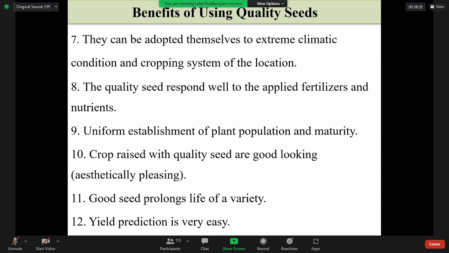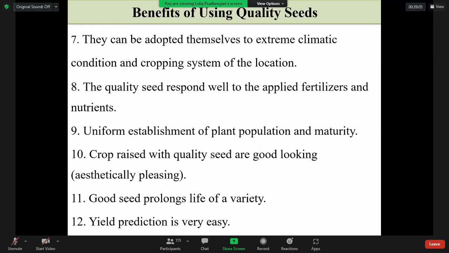Ability to tolerate the extreme environmental condition, because it is in good vigor, and it is showing a good response. It is good looking, and it is having long storage facilities, and also yield we can predict, because with the quality seeds we are able to predict the yield.